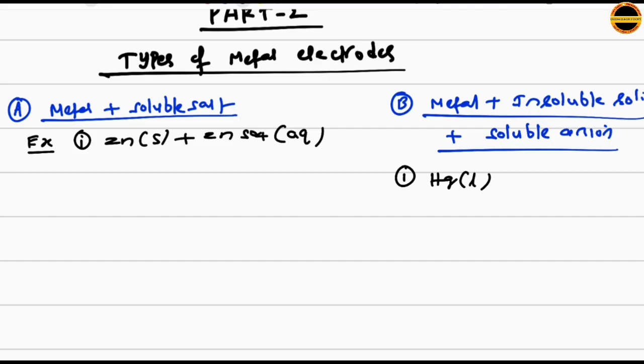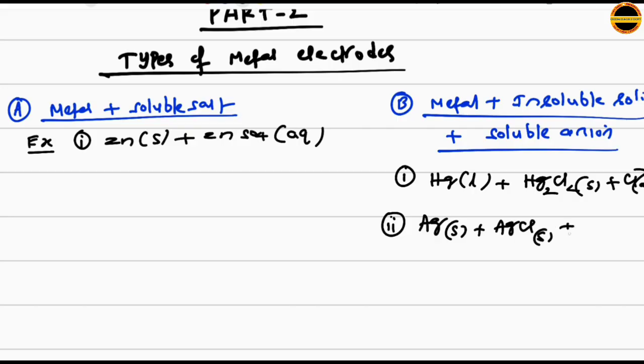Calomel electrode is one of the examples under metal plus insoluble solid Hg2Cl2, which is solid, plus soluble anion aqueous. Along with that, one more example I am taking here, which is Ag solid plus AgCl solid plus Cl minus aqueous.